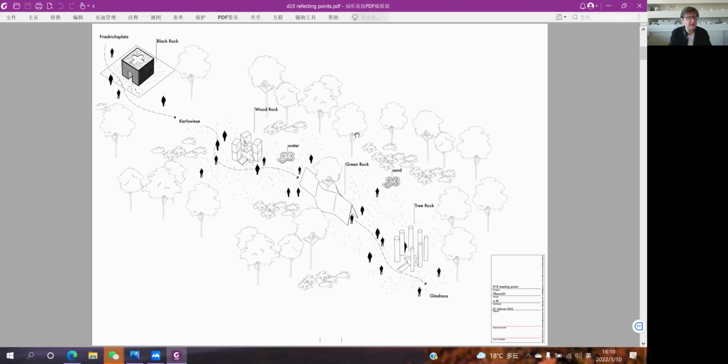And when the installation is dismantled after 100 years, the center will be white and the surrounding will be black.